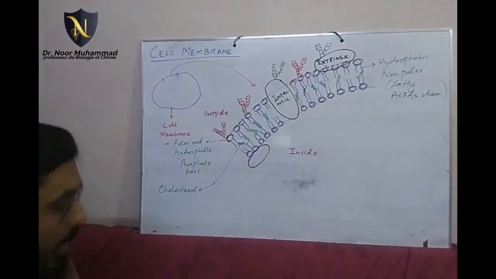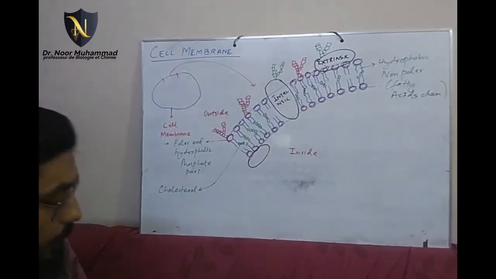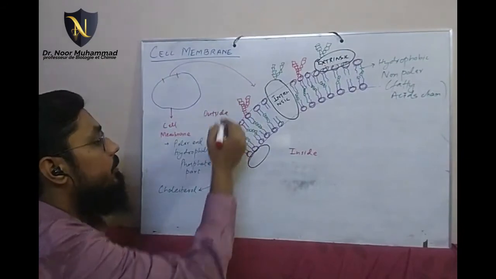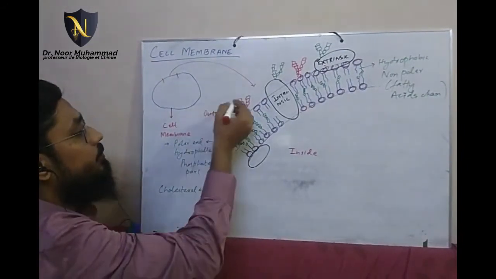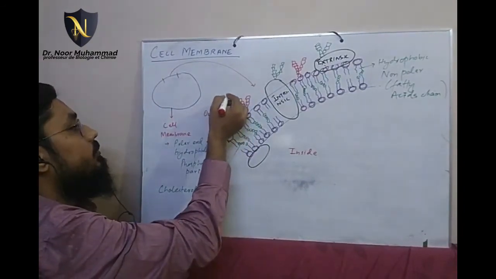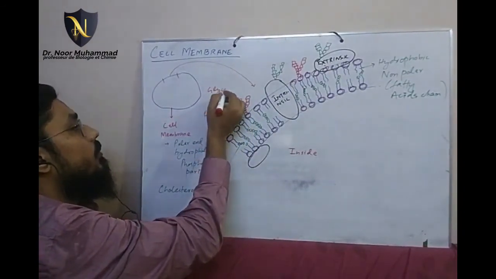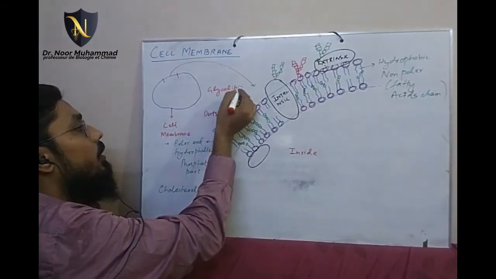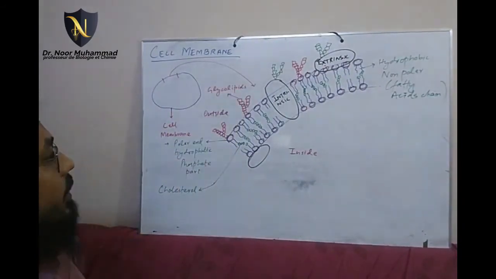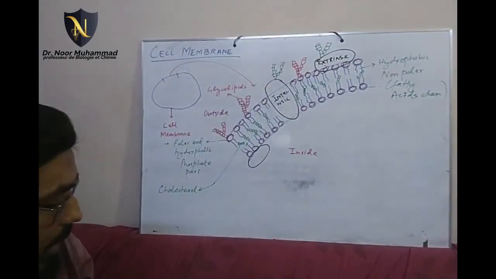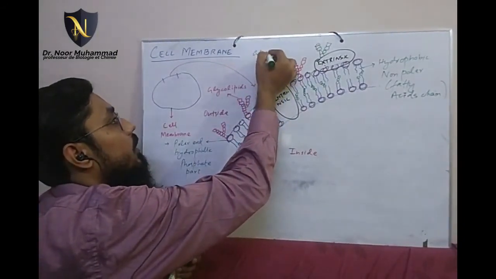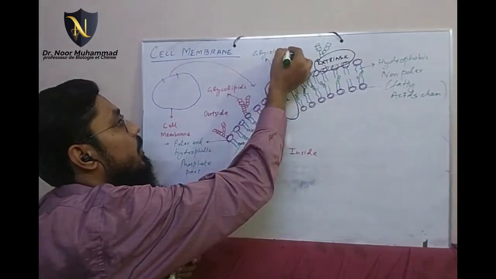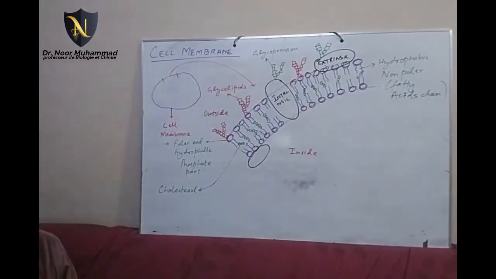So those who are attached to phospholipid molecules are called glycolipids. ठीक है, and those who are attached to protein are obviously called glycoproteins.